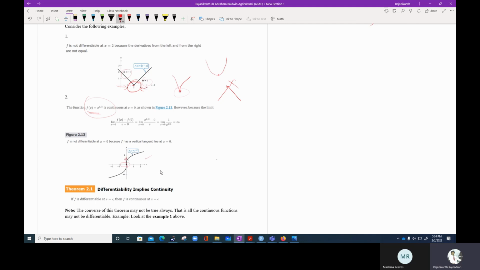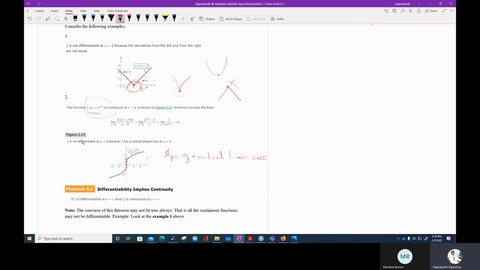We all know from high school that the slope of a vertical line is always undefined. It does not exist. That's why we cannot find the limiting value of that secant line at this point 0. So it is not possible to find.